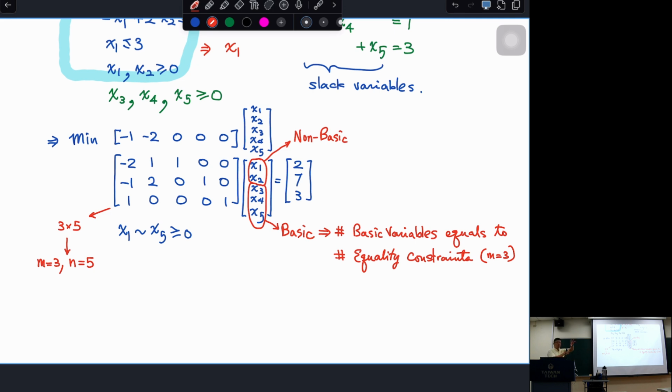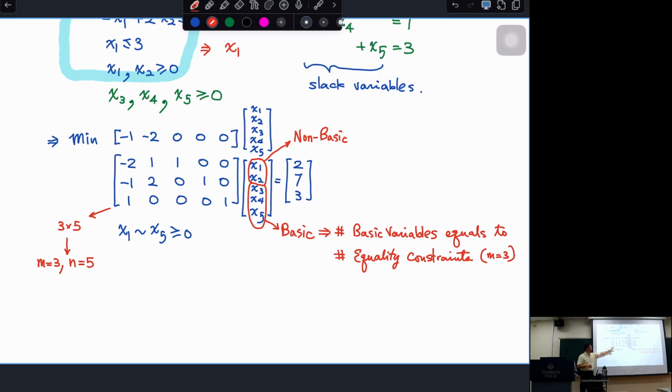When you do the grouping, choose 3 of them. Okay? And the way I design the problem, I always choose the last 3. That's an easy start for linear programming.